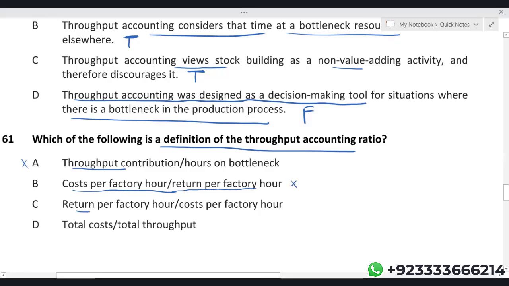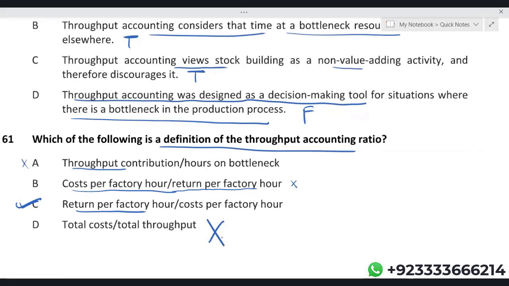So simply, how do we calculate throughput accounting ratio? Return per factory hour divided by cost per factory hour.